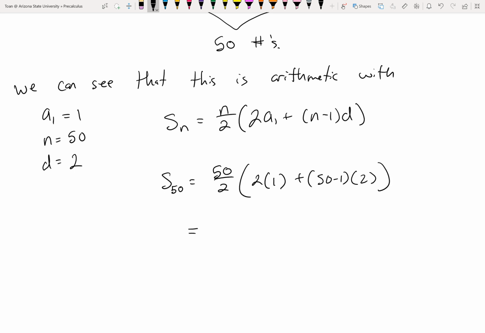And then you just do math. Plug into your calculator, compute it all, and you're going to get 2,500. So if you added up the first 50 odd numbers, your grand total will be 2,500. It's pretty simple, pretty easy peasy, I hope. Let's do another example.